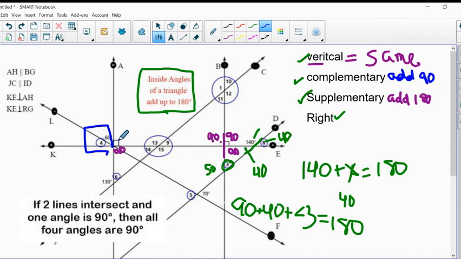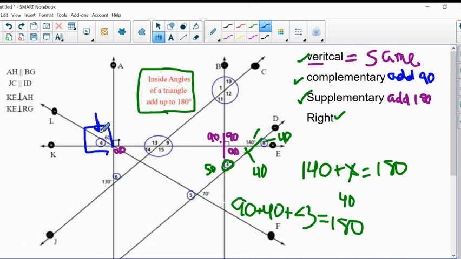If this angle is marked as 90, then all the other big angles in this corner are 90 degrees, which tells me that these two angles, 60 degrees and angle 4, add up to 90. So angle 4 is equal to 30 degrees.